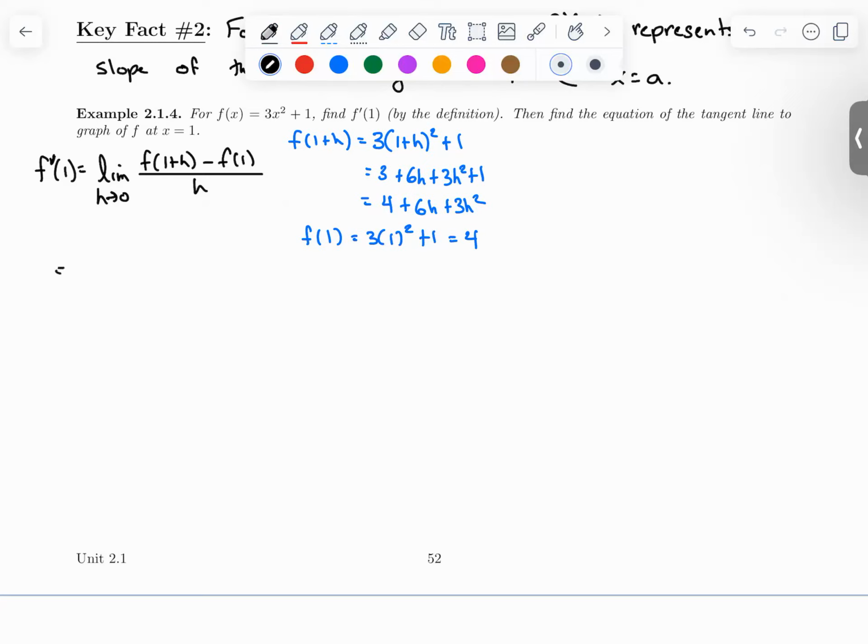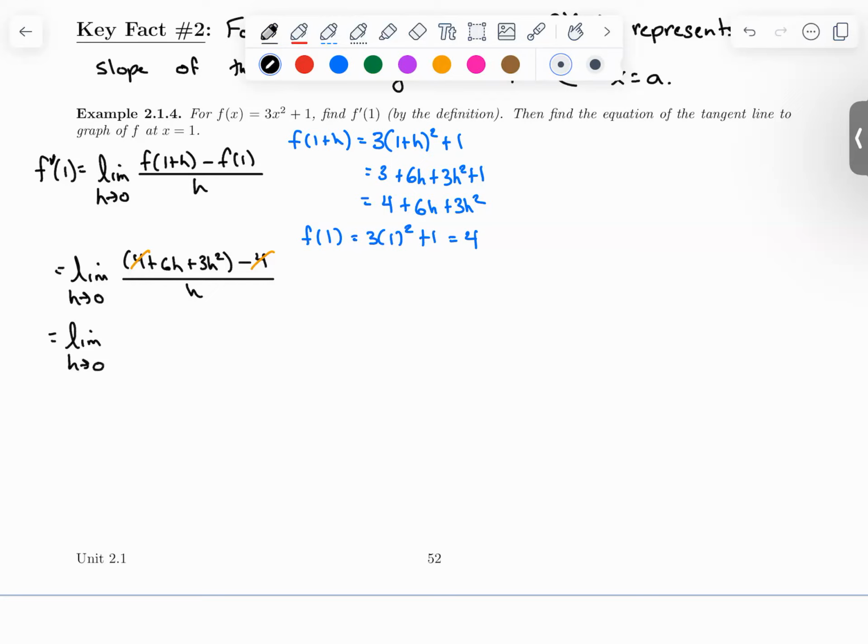So now that we got that, now we can actually compute f prime of 1. That'll be equal to the limit as h approaches 0 of 4 plus 6h plus 3h squared minus 4, all divided by h. And luckily for us, the 4s will cancel, bringing us to the limit.